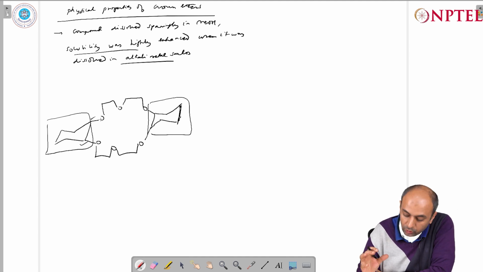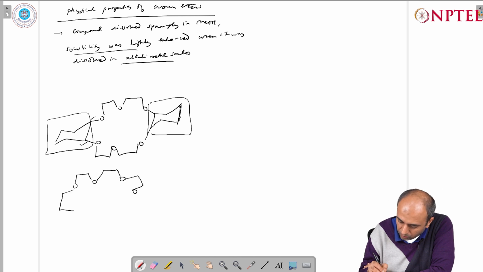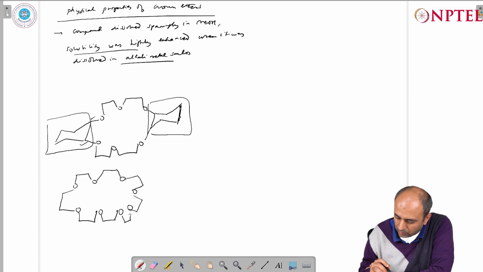And if you want to actually include larger size cations, then you have to increase the number of donor atoms in the particular host. So then you can make larger sized crown ethers. For example, we can make this 8 oxygen atom system.